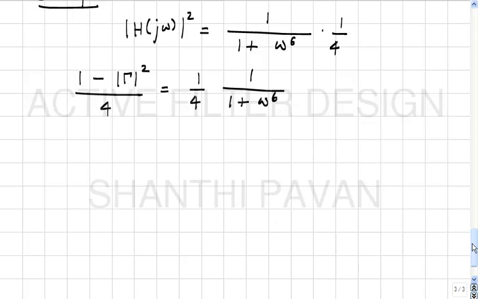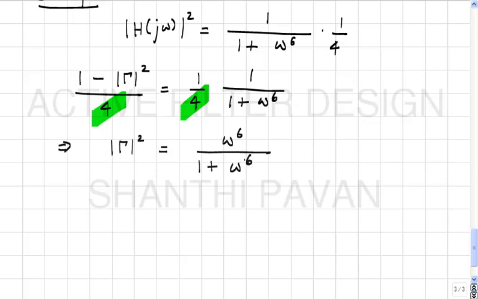Correct? Which means, what is mod gamma square? This 4 and this 4 goes away. Mod gamma square is omega to the power 6 by 1 plus omega to the power 6.